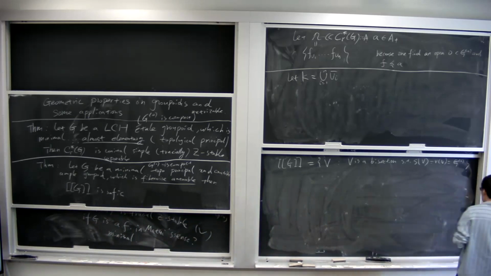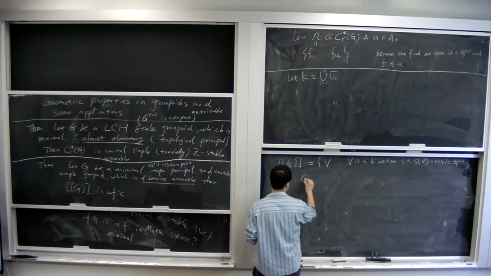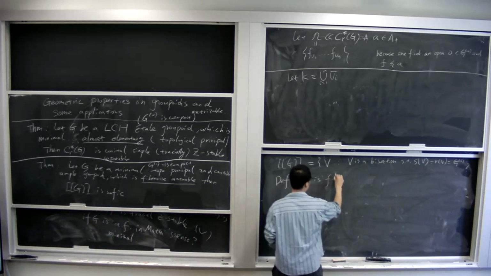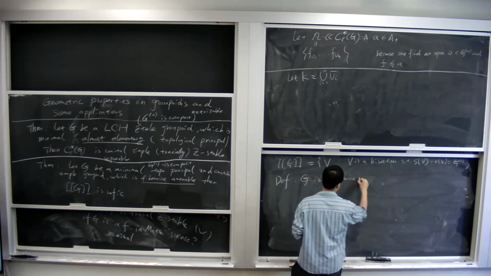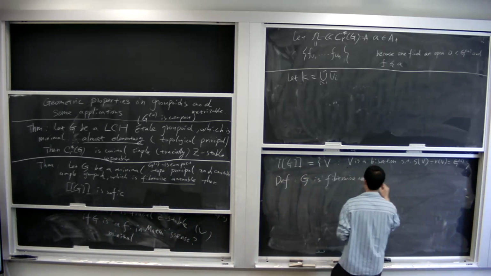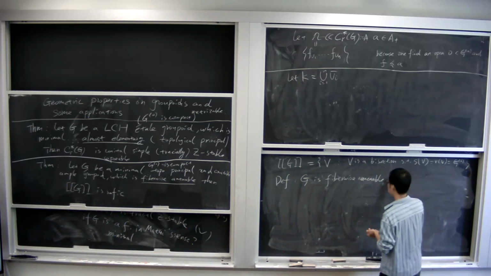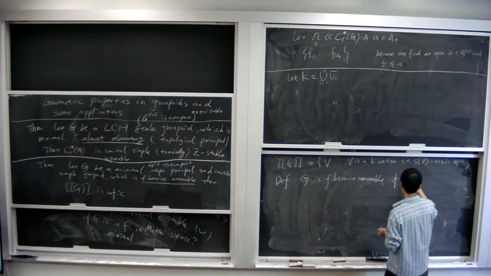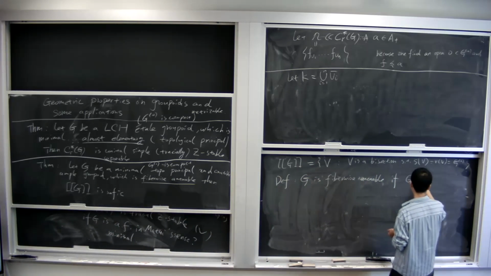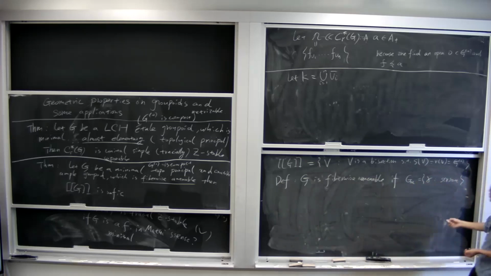Then what is fiberwise amenable? What I really want to say is that on each fiber, G^u, where G^u equals r inverse of u, you can put some length function, exactly as you can do for groups.